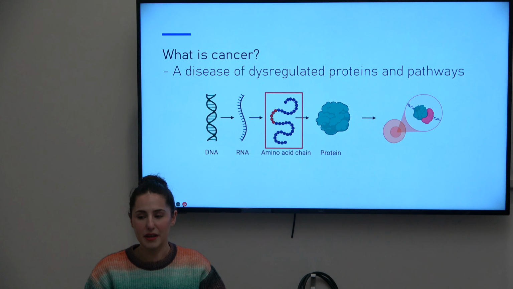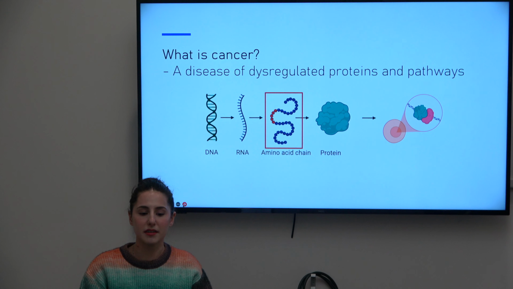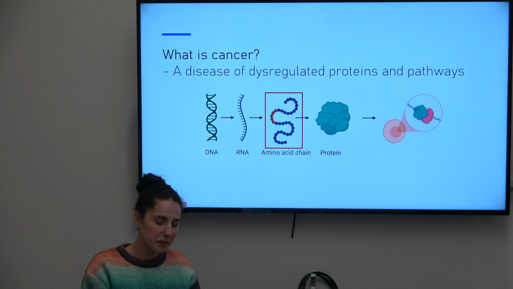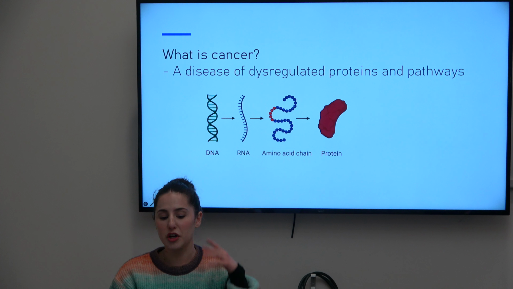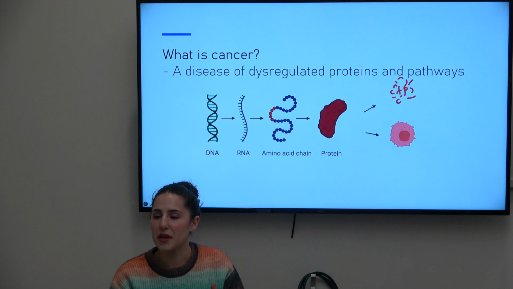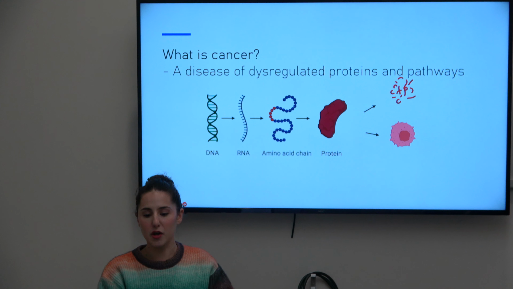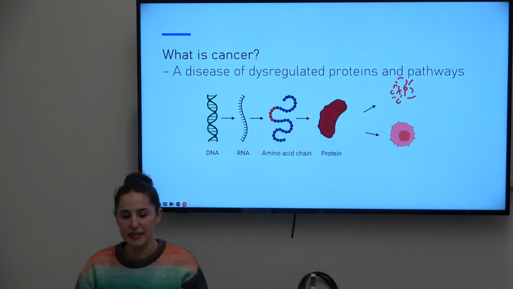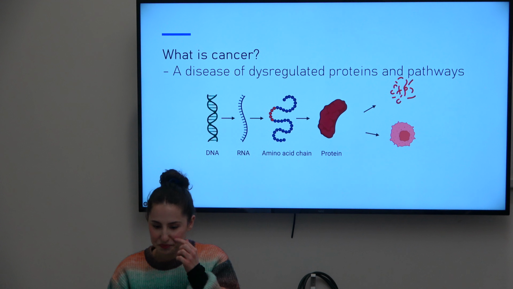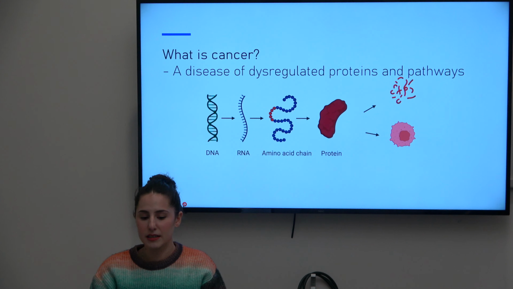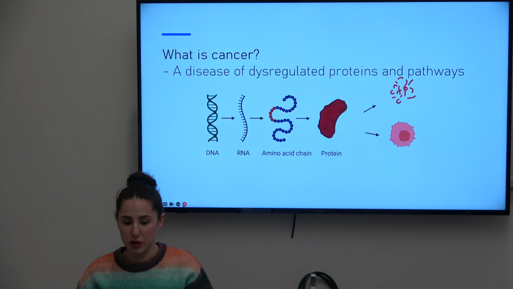However, in a mutated cell, or in this case cancer, the amino acid chain or the polypeptide chain can get mutated, which can cause the protein to get mutated, and from there the fate of the protein can either be degraded, or it could go into the cell, and this is again, like I said, usually what happens in cancer. So it's not just that the gene mutates, it's what happens to the protein that gene encodes.